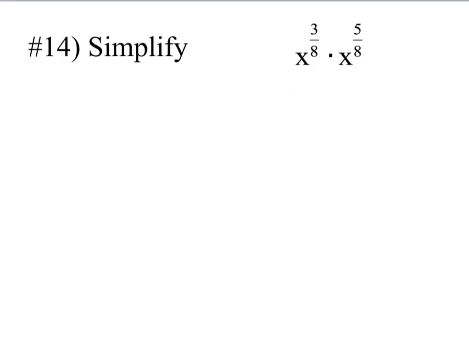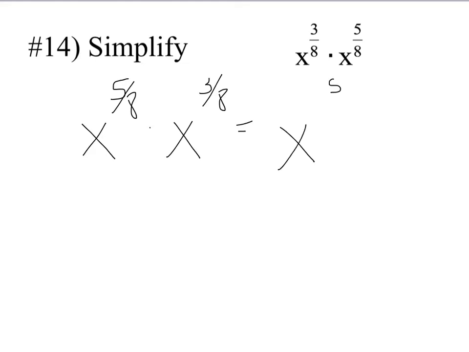Okay, when you are multiplying like bases, you add the exponents. So we have x to the 5/8 times x to the 3/8. Oh, I wrote that backwards, but it doesn't matter. Equals x to the 5/8 plus 3/8. When you are adding fractions, you need a common denominator.